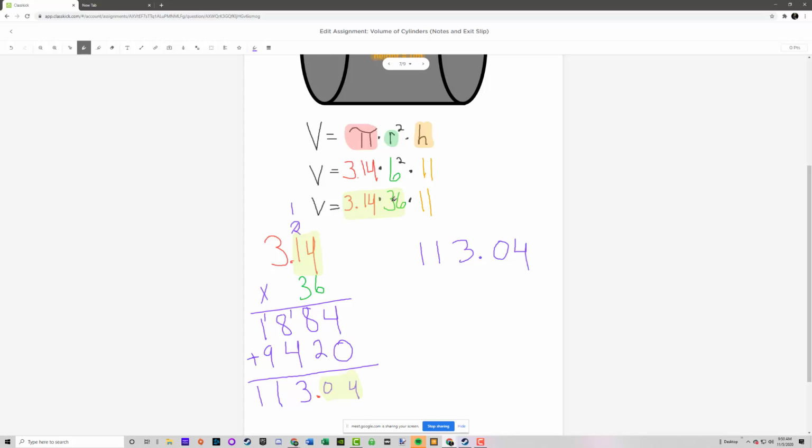We just multiplied these two together to make 113.04, and we have one last step. Times 11. Perfect. We've multiplied these two together, and now we just have to multiply by our last number.